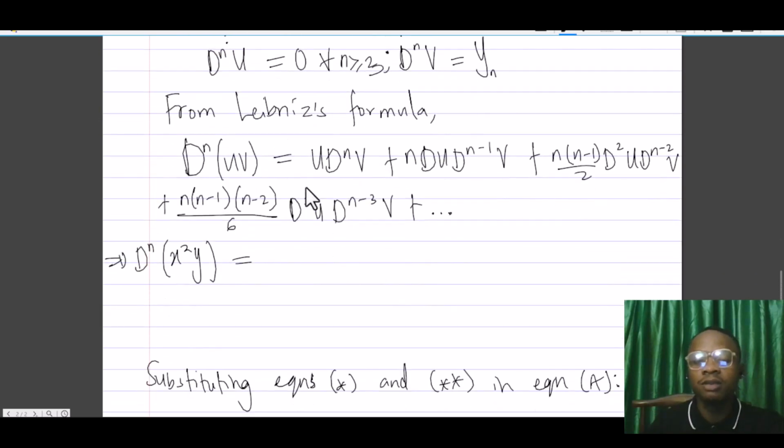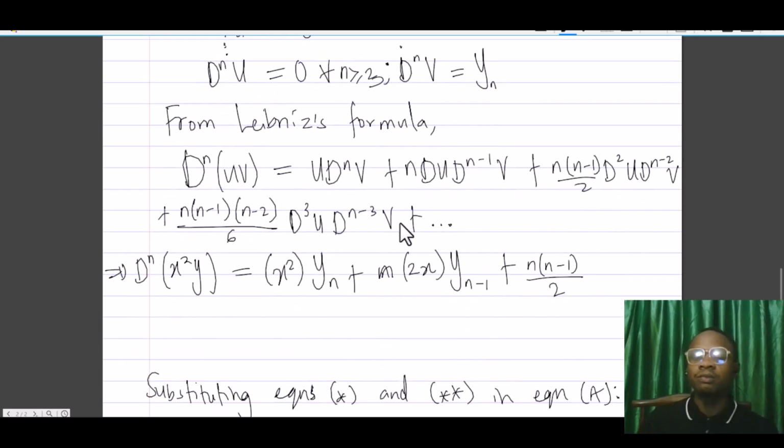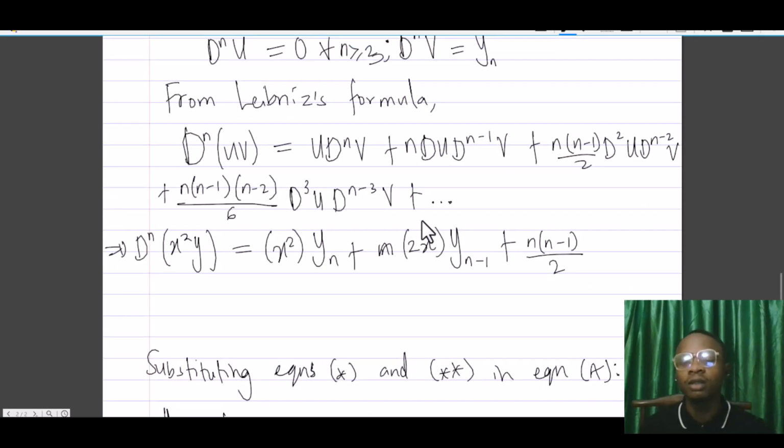So that is meant to be x squared multiplied by the nth derivative of v, that remains the same, that is y sub n, plus n into the derivative of u, which is 2x, then multiplied by y sub n minus 1, plus n into n minus 1 over 2, the second derivative of u, that is 2. We have that up here, the second derivative of u is 2. So this is meant to be 2 multiplied by y sub n minus 2.